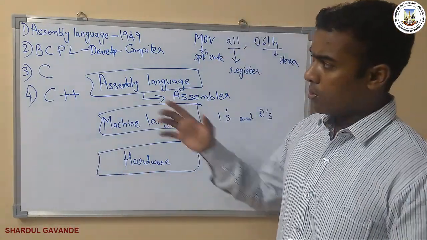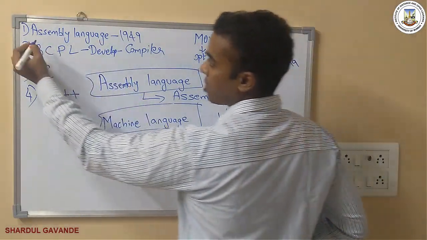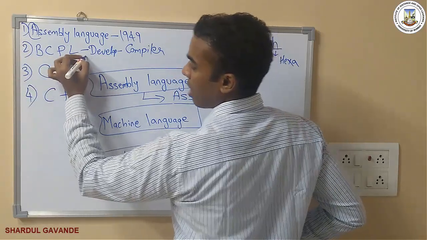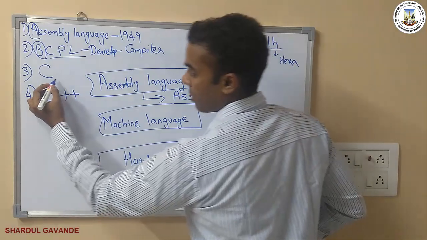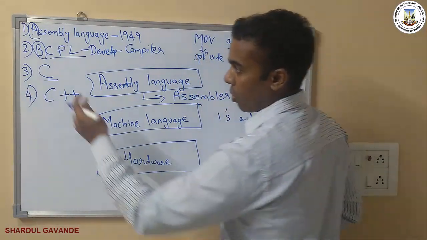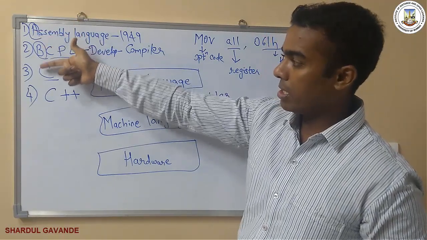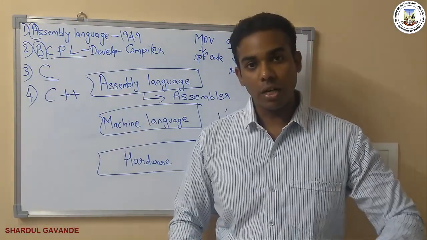If you carefully observe, from numbers 1 to 4, we have first assembly language, so I take the first alphabet A, then we have the BCPL language, where I take the first alphabet B, then I take C. So if you observe, it is in alphabetical order, A, B, C, and then C++, and so on. That's how the languages were derived.